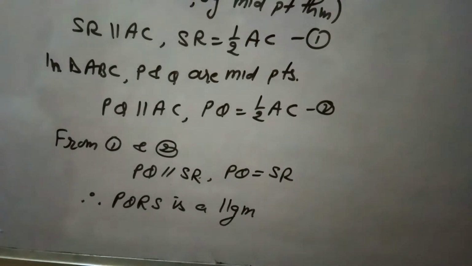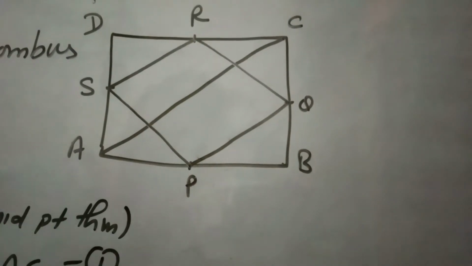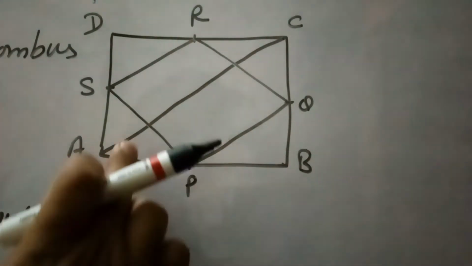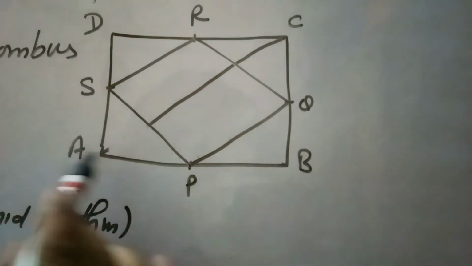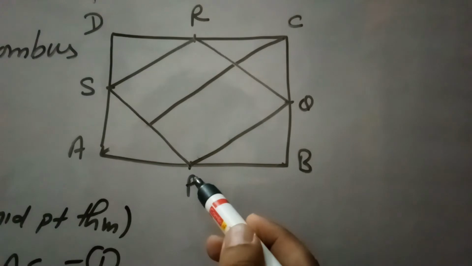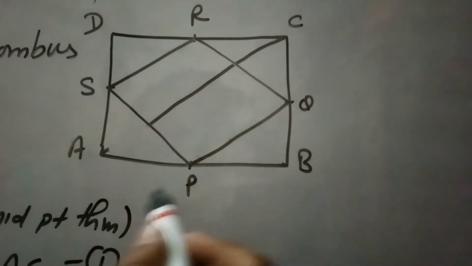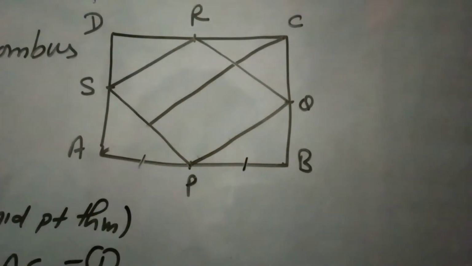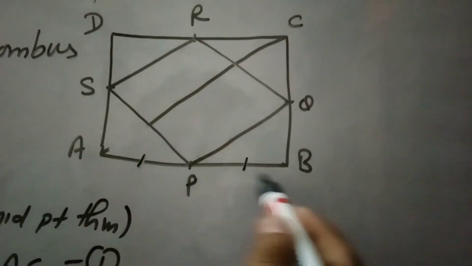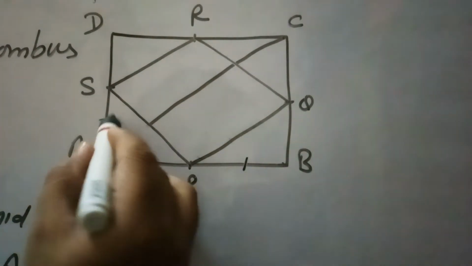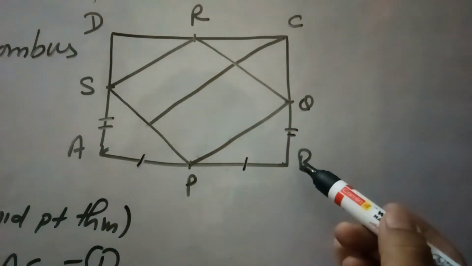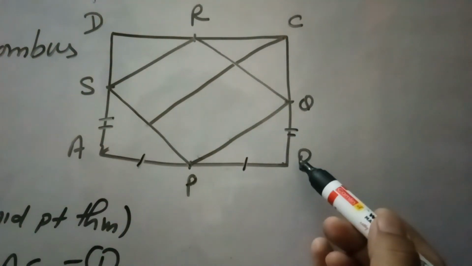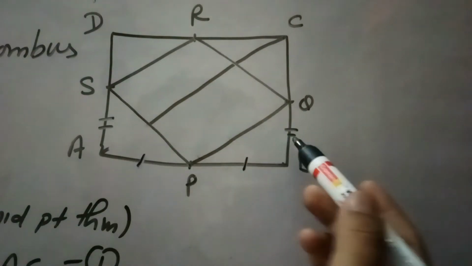Next we need to prove that this parallelogram is a rhombus. To prove this, we will take two triangles, SAP and QBP. Here in these two triangles AP equals BP, because P is the midpoint of the side. AS equals BQ, because AD and BC are equal, and AS and BQ are halves of equal sides, so they will also be equal.